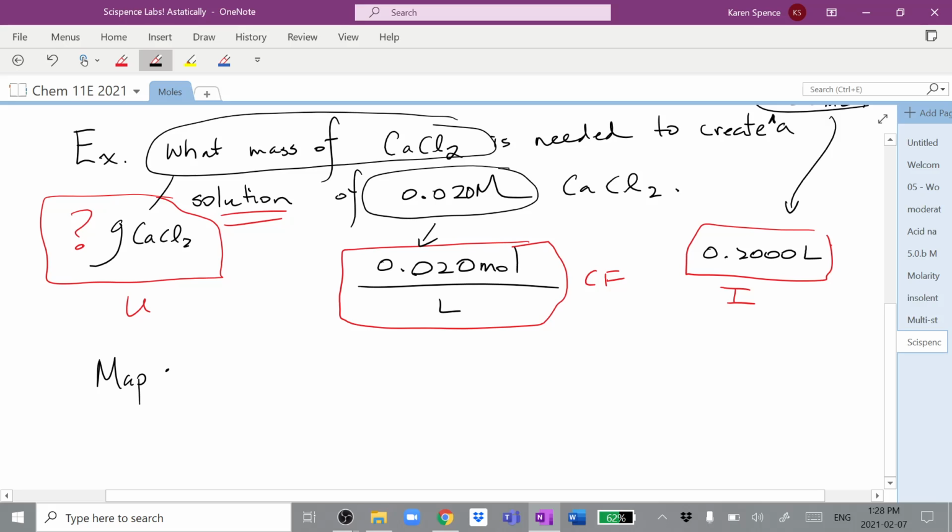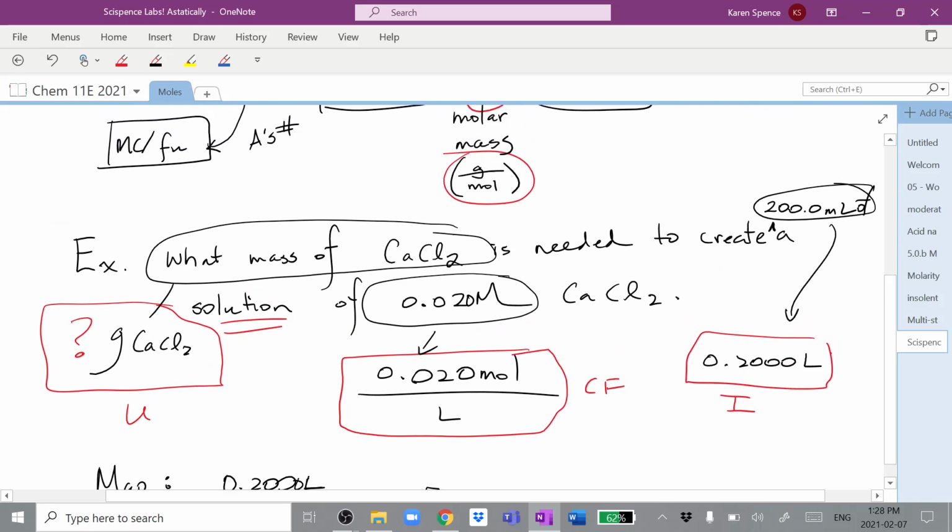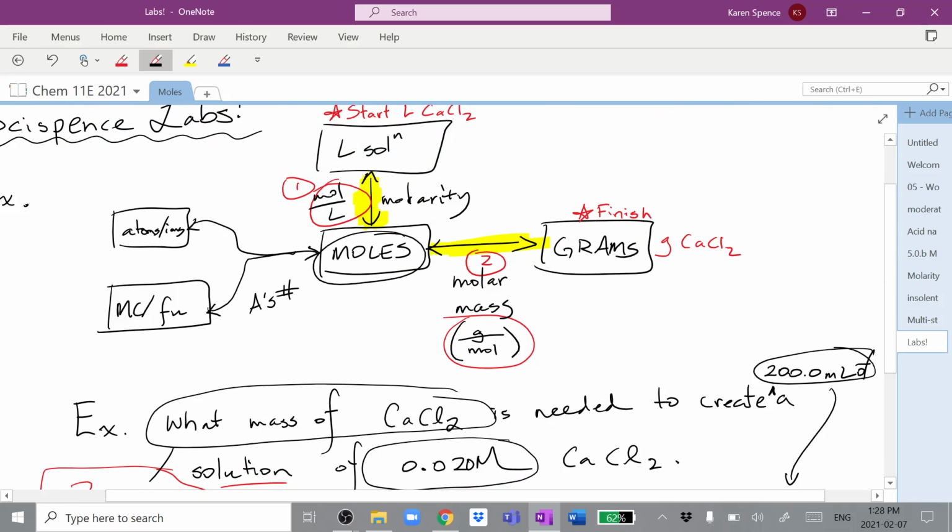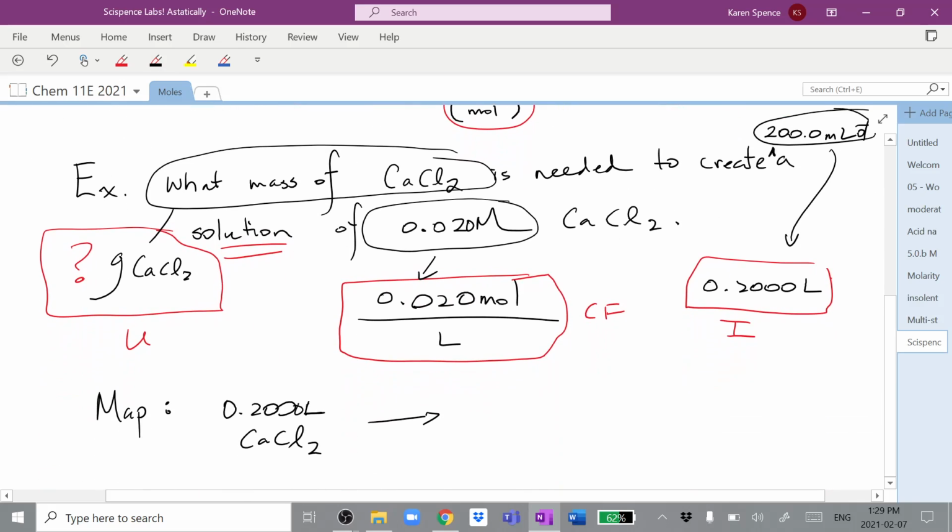I am starting with 0.200 liters of calcium chloride. And we're going to find moles of what? Has to be of calcium chloride, right? Because we're starting with liters of calcium chloride. We have to be finding moles of calcium chloride.